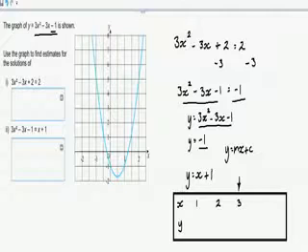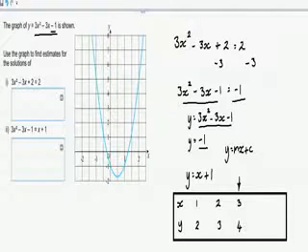So if y equals x plus 1 and x equals 3, then y would equal 3 plus 1, which is 4. Now if x equals 2, y equals 2 plus 1, which is 3. And then if x equals 1, y equals 1 plus 1, that equals 2.